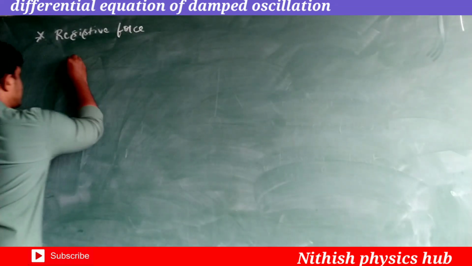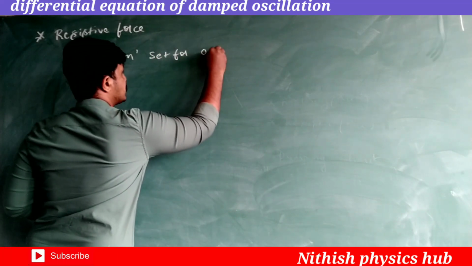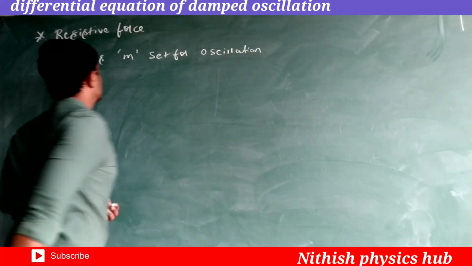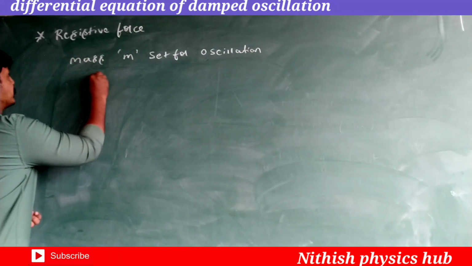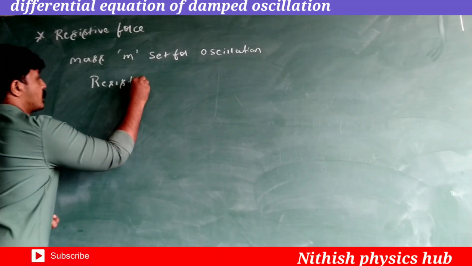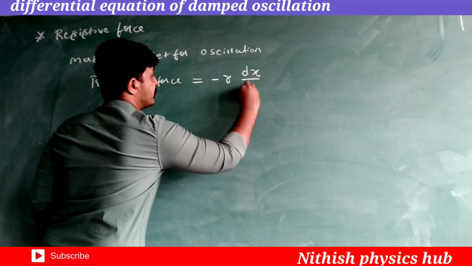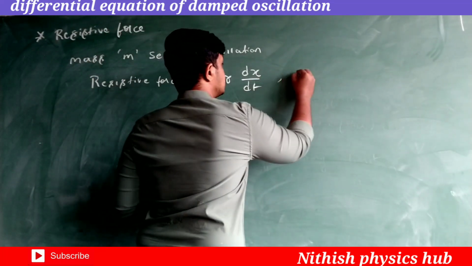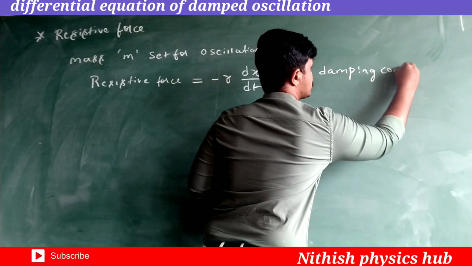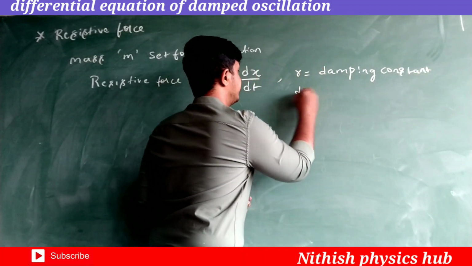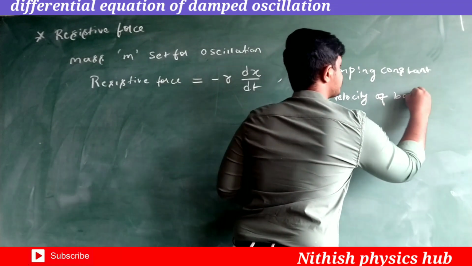If a body having a mass of m is set for oscillation, then the resistive force of the system is given by negative of small r dx by dt, where r is the damping constant and dx by dt is the velocity of the body which is oscillating.